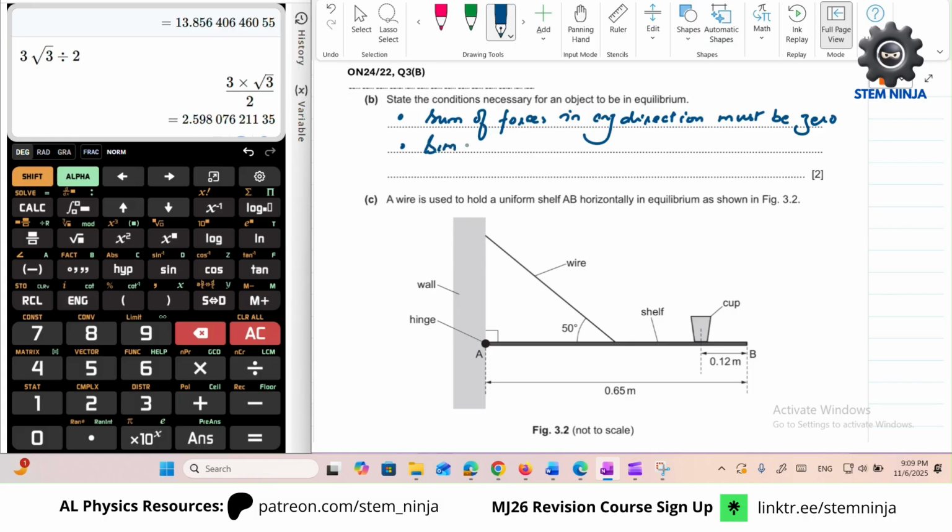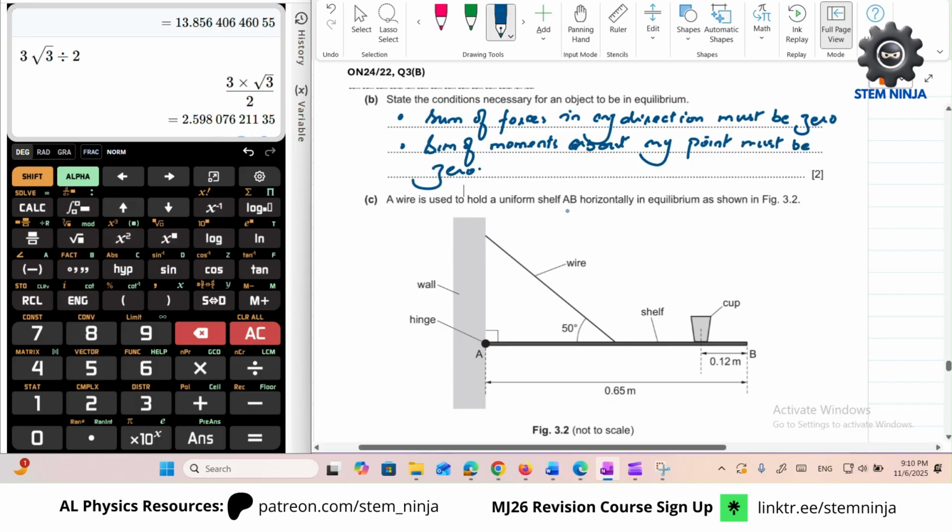And the algebraic sum of moments about any point must be 0.